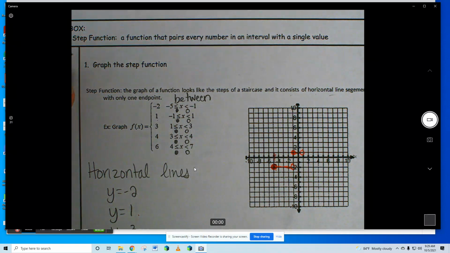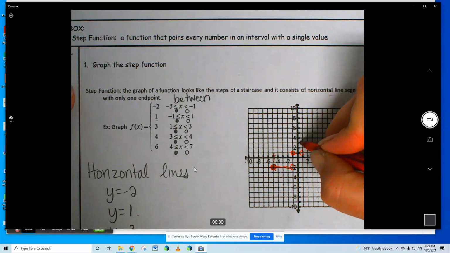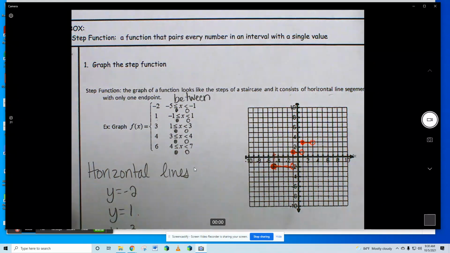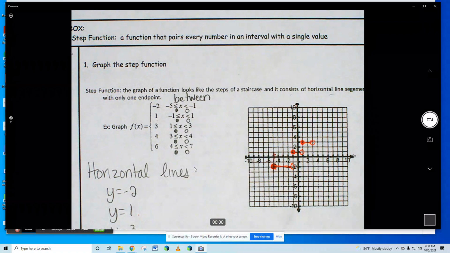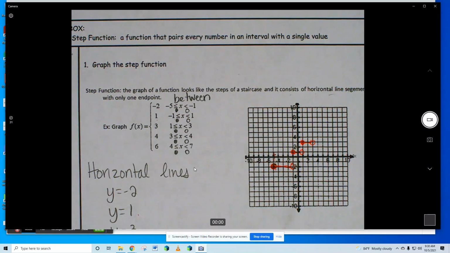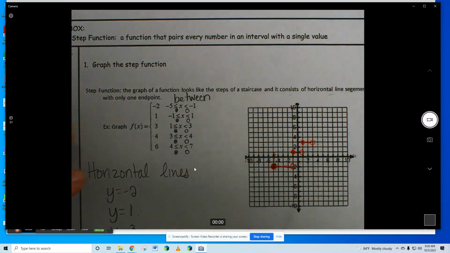At 3, it's in between 1 and 3. Closed circle at 1, open circle at 3. Are you getting the pattern? This is the pattern. Then y equals 3.